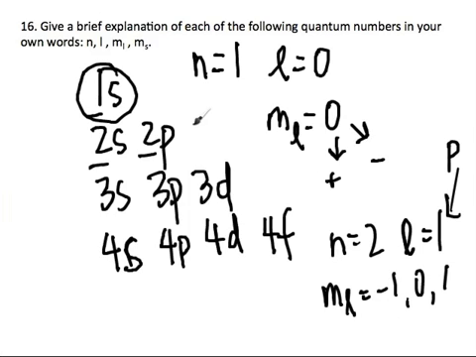Now we'll never see something like 2d because the maximum l number is 1. It's always n minus 1, right? We wouldn't see a 2d because l cannot be 2. You won't see a 3f, going by the same idea.